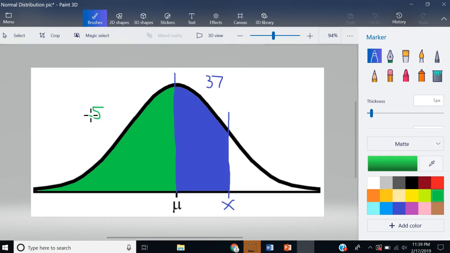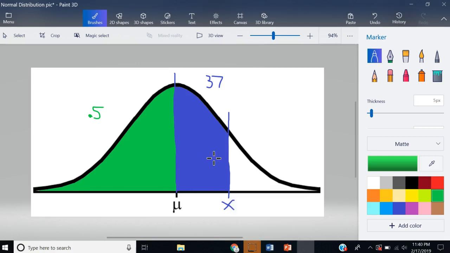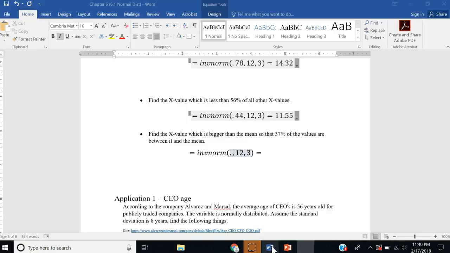The area in the green has to be 0.5 because it's the left half of the curve. So green plus blue is going to give us 0.87. Together these two areas are the area from negative infinity up to x. So the area we're looking for is 0.87.